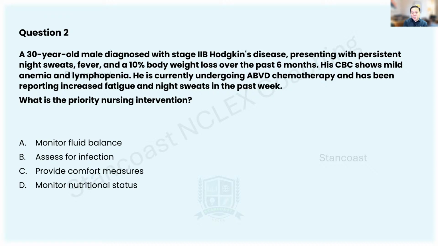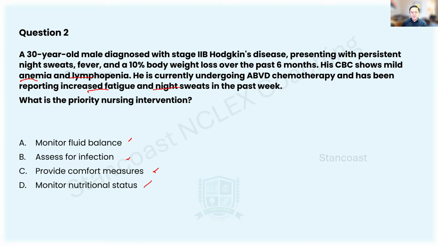Is it monitor fluid balance? Is it assess for infection? Are we going to provide comfort measures? Or is the priority to monitor the nutritional status? What is your priority nursing intervention for this patient that has anemia, lymphopenia, increasing fatigue, night sweats?